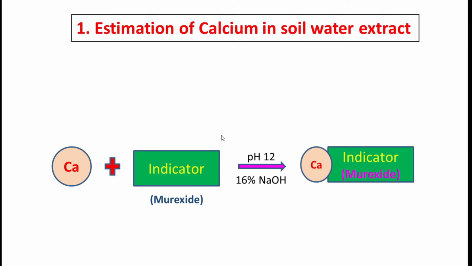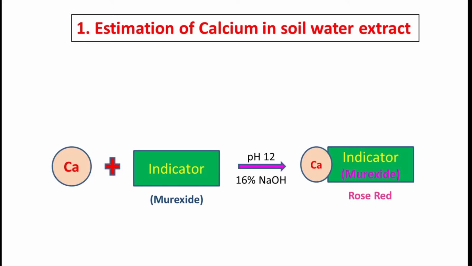So in this first step, we can only determine the calcium. When we titrate this calcium indicator complex with EDTA, you will find the calcium being embedded in the EDTA complex.